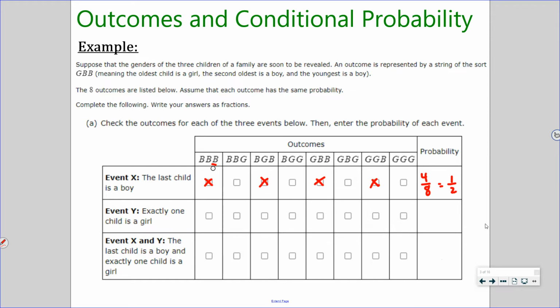So I have a probability of 1/2, or 50%, that the last child is a boy. All right, new event Y says exactly 1 child is a girl. So look at my list of outcomes. This one, there's 2 girls. Exactly 1 girl: 3 out of 8.